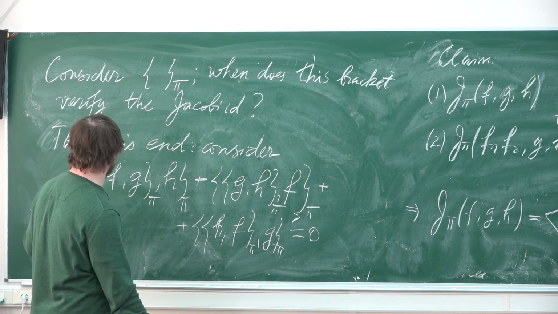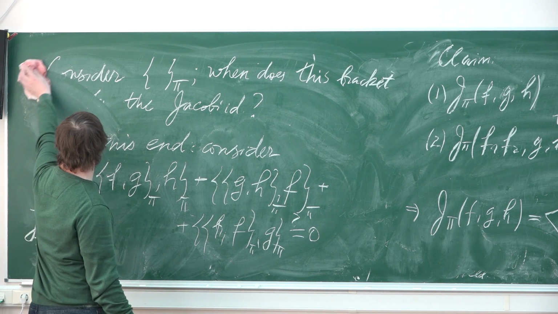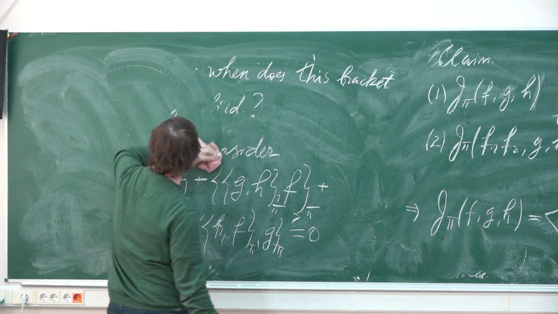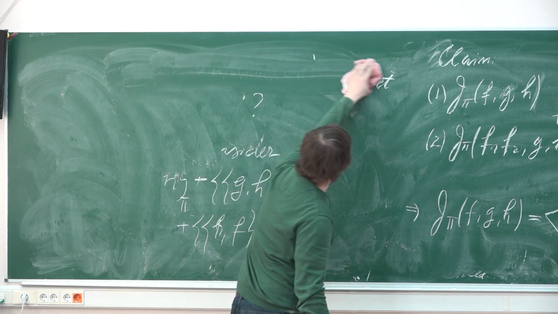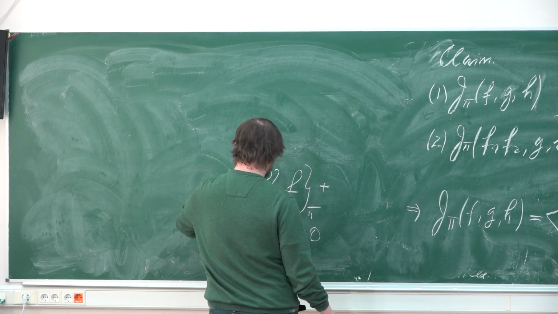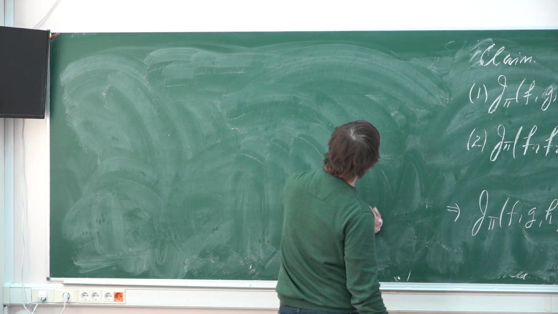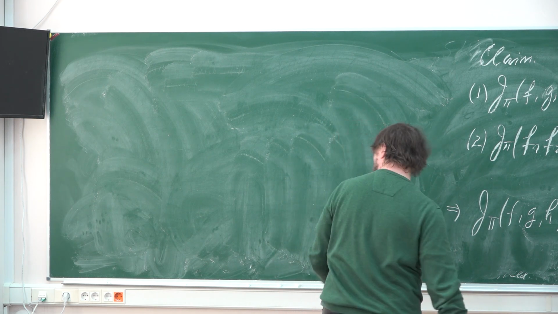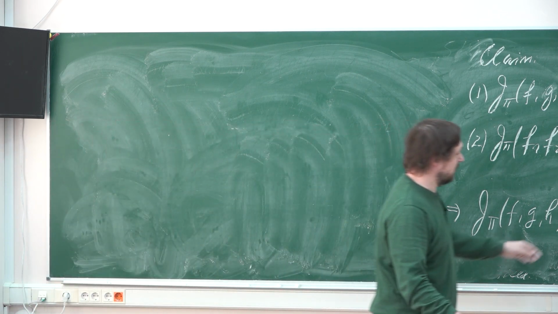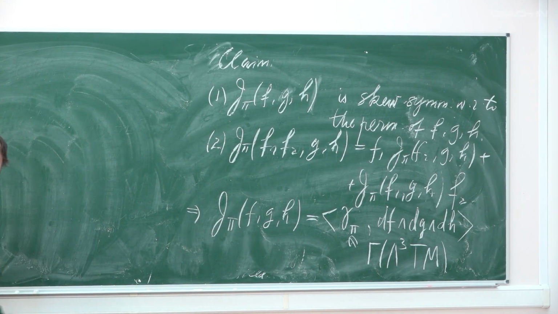But now, in the general situation, we need to introduce a bit more notation into play, because the most natural and most traditional way to identify this trivector field is by introducing an additional structure on polyvector fields.